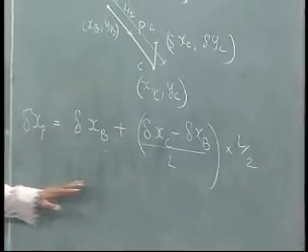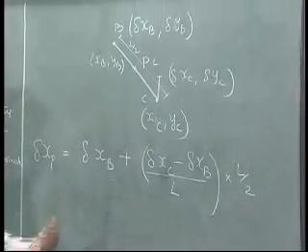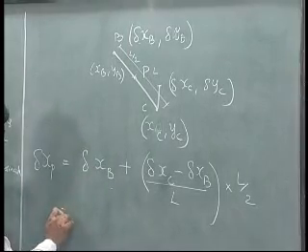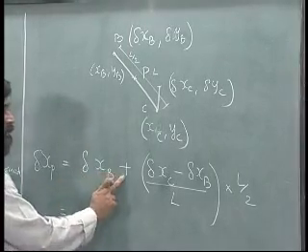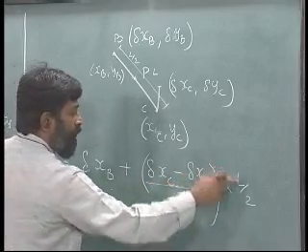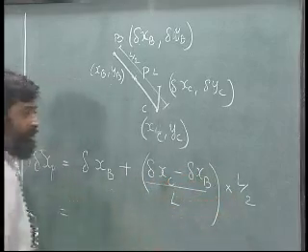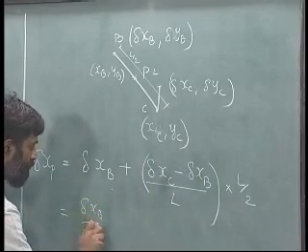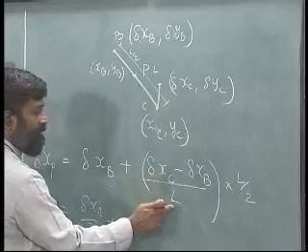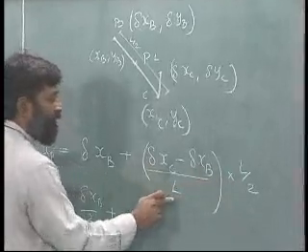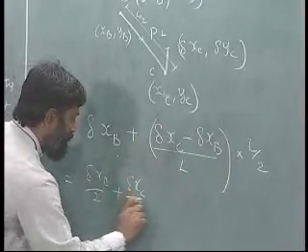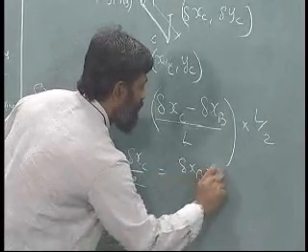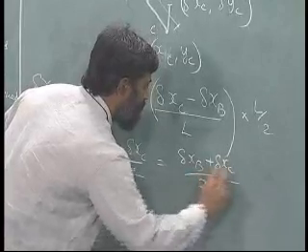Very simple, it is just a linear equation, linearly interpolating it, and therefore we will get delta xb plus delta xc minus delta xb into L by 2 by L, which is equal to delta xb plus delta xc by 2.